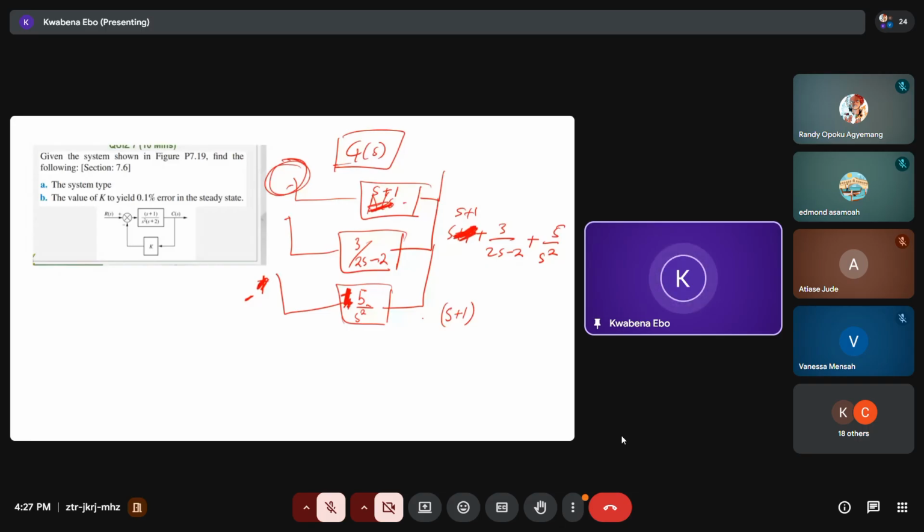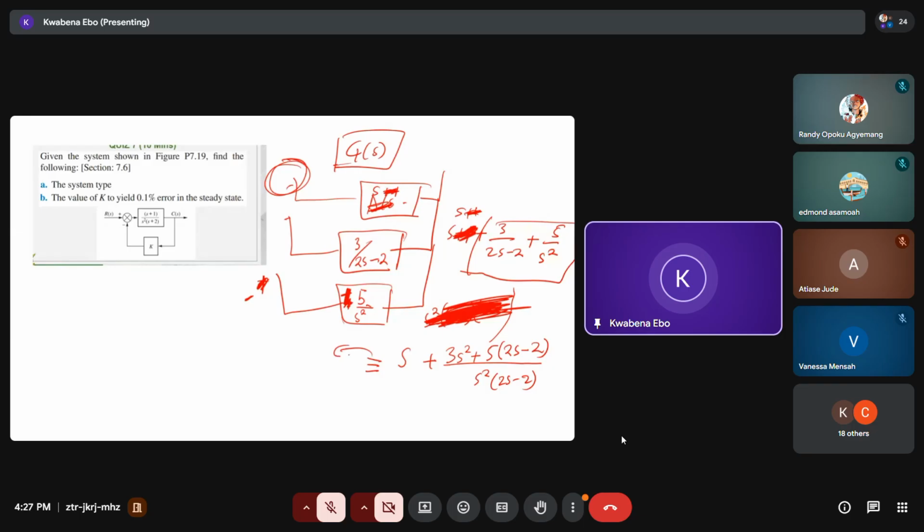It will be a whole lot of mathematics, so let's make it just s so that it will be easier. Then we have 3s squared plus 5 multiplying 2s minus 2, all over s squared times 2s minus 2, which equals the addition of these fractions plus s.